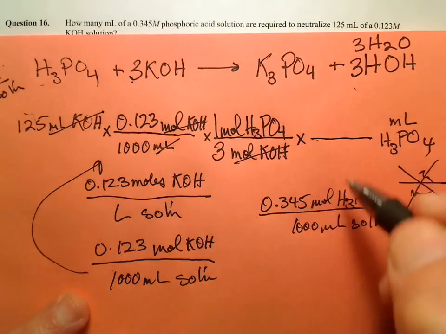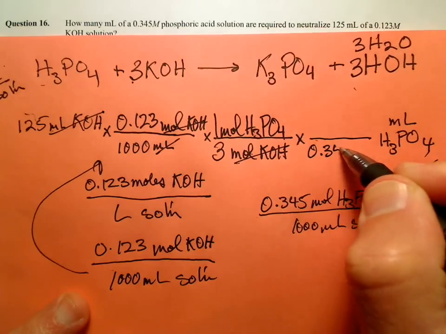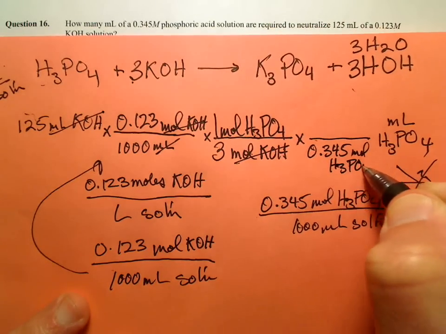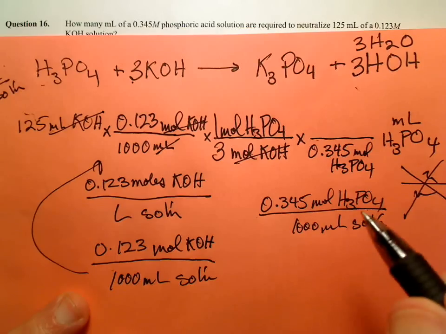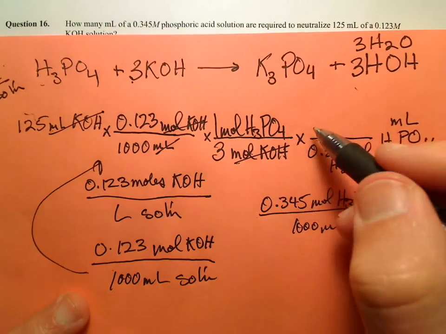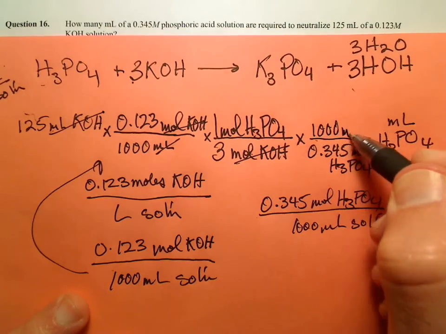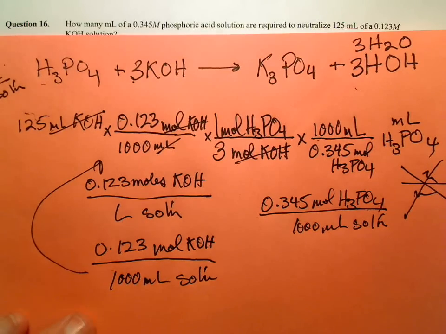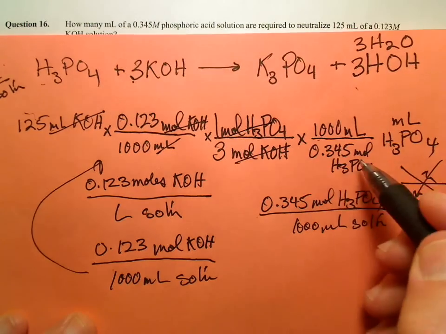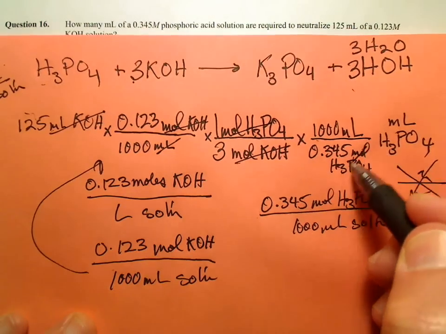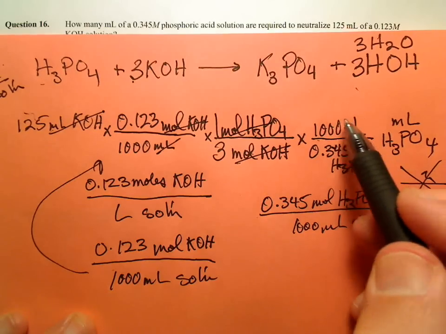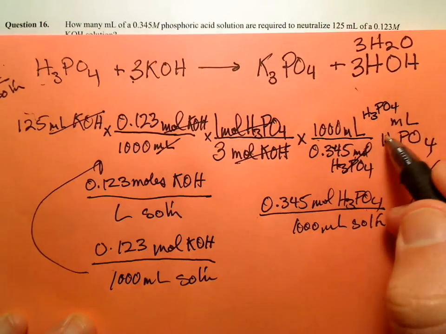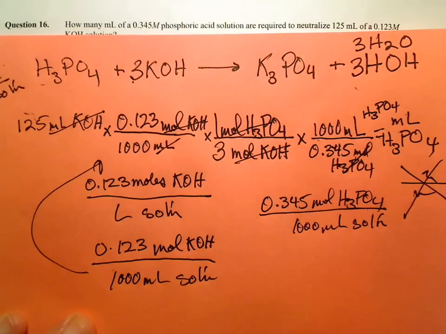So let's see. I know it's 0.345 moles of phosphoric acid. And for that phosphoric acid, what do we have? 1,000 milliliters of phosphoric acid. So now, if I cancel my units, not that number, just the units, I end up with milliliters of H3PO4, and that's what we're shooting for, milliliters of phosphoric acid.